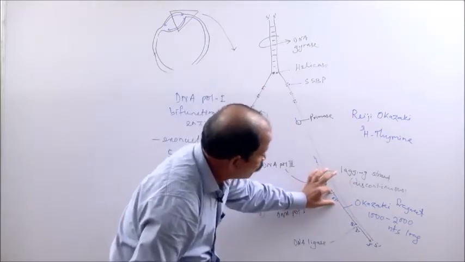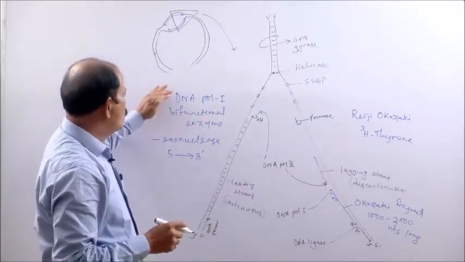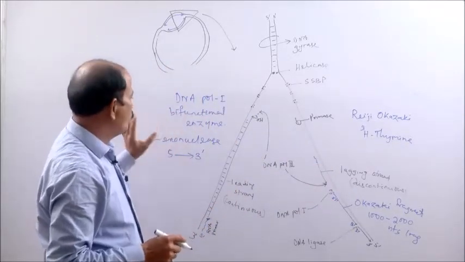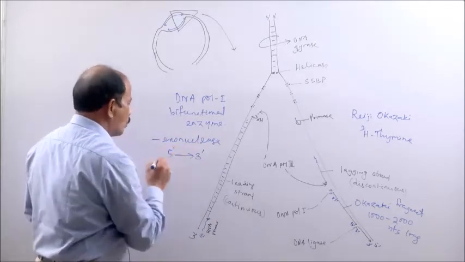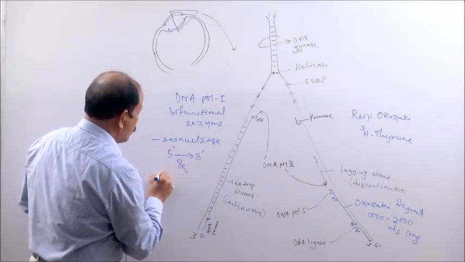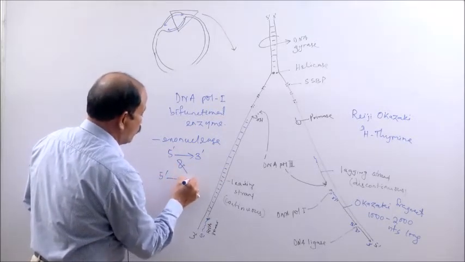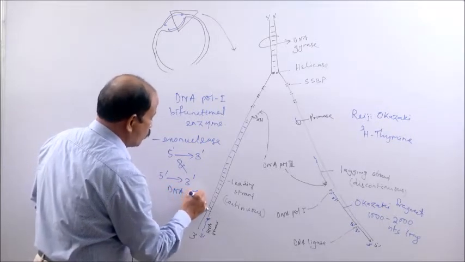Now this short segment of RNA must be removed, and I told you this enzyme is a bifunctional enzyme. This is an exonuclease, a 5' to 3' exonuclease, and simultaneously it is also a 5' to 3' DNA polymerase. So it has both functions.